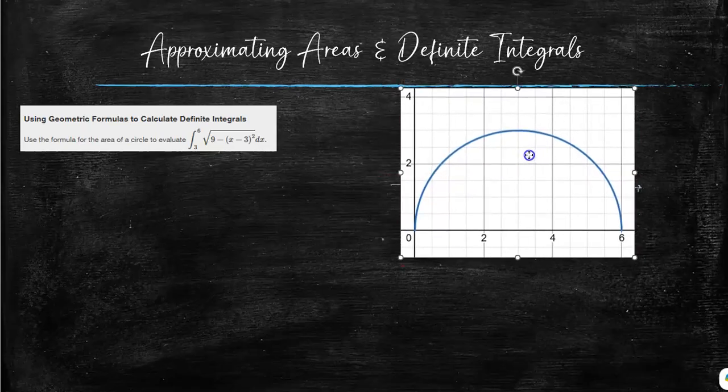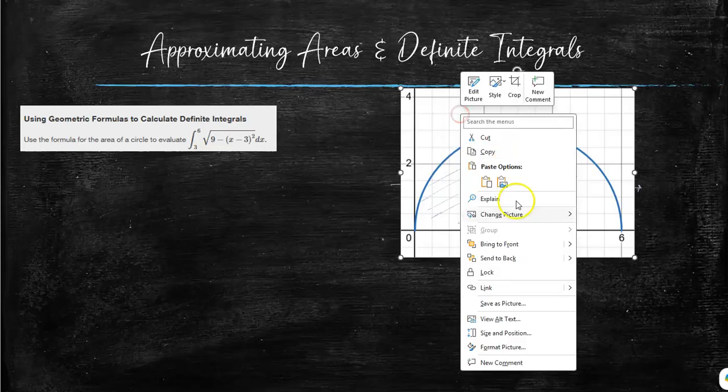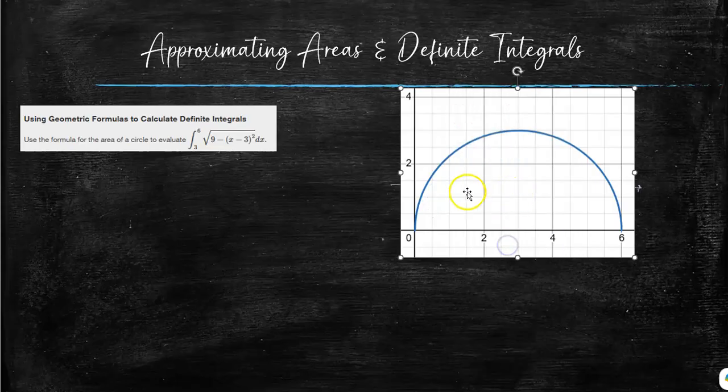What does that mean? That means if we know this area, we know the answer to that question. Actually, not this area, sorry. Because the integral is from 3 to 6, we're looking for this area.